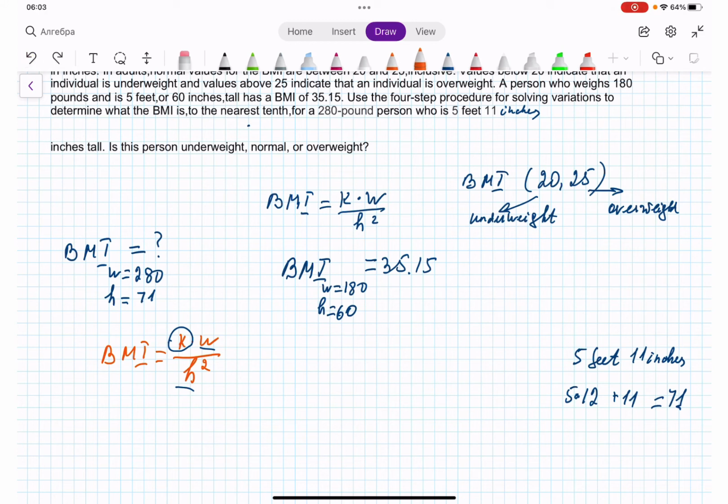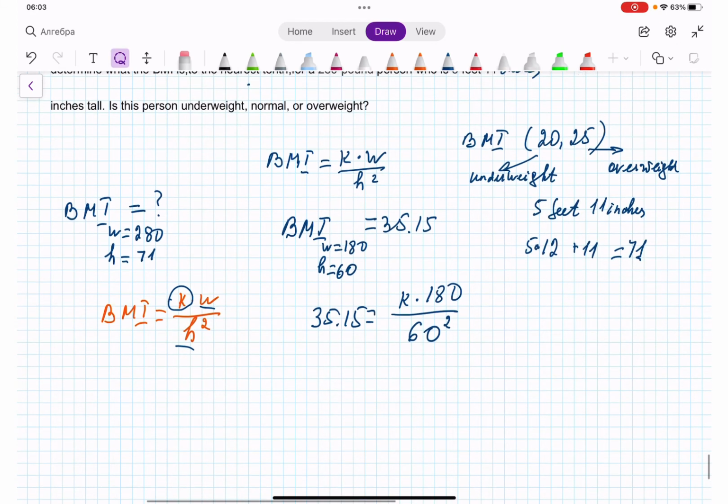Okay, so let's see. BMI, we know 35.15 is equal to K times 180 divided by 60 squared, because it's inverse. Let me move this up so I will have more space.